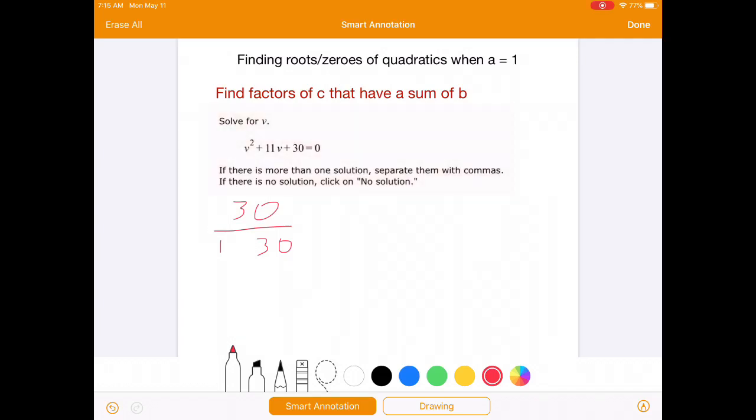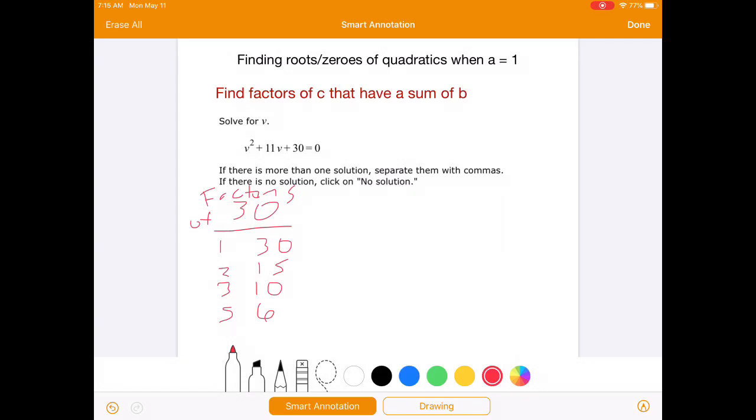So factors of 30 are 1 and 30, 2 and 15, 3 and 10, 5 and 6, and that's all we have. And then we talk about adding these together.